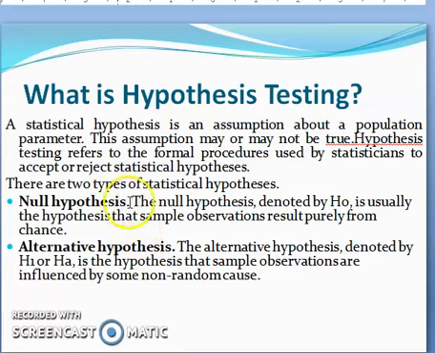The null hypothesis is denoted by H0, and is usually the hypothesis that the sample observation results purely from chance, and the alternative hypothesis is denoted by HA or H1, and is the hypothesis that the sample observations are influenced by some non-random cause. So this is all about the hypothesis.